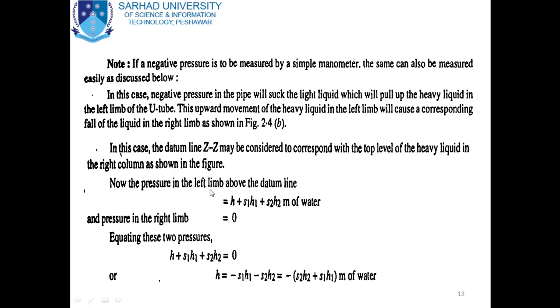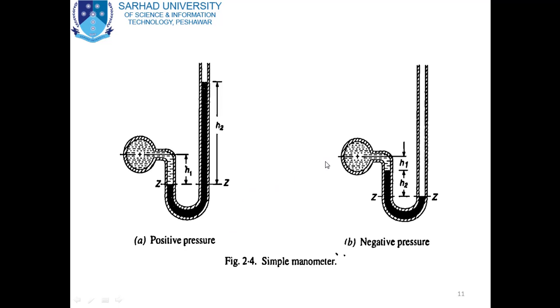Now the pressure in the left limb above the datum line is equal to H plus S1 H1 plus S2 H2 meters of water, while the pressure in the right limb is equal to 0. If we cut the tube at the center, this is the left limb and this is the right limb.